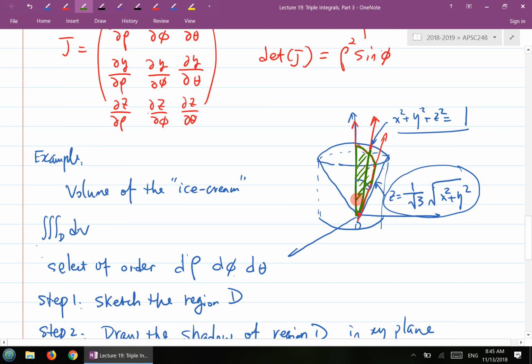And the last step is the theta angle. The theta angle is based on the shadow here. So here's the shadow, and this is the projected vector of this reading line here, and you rotate that projected vector across the shadow and see the edges covering this shadow. In this case, apparently it's 360 degrees, starting from 0 to 2 pi, covering the whole shadow here.